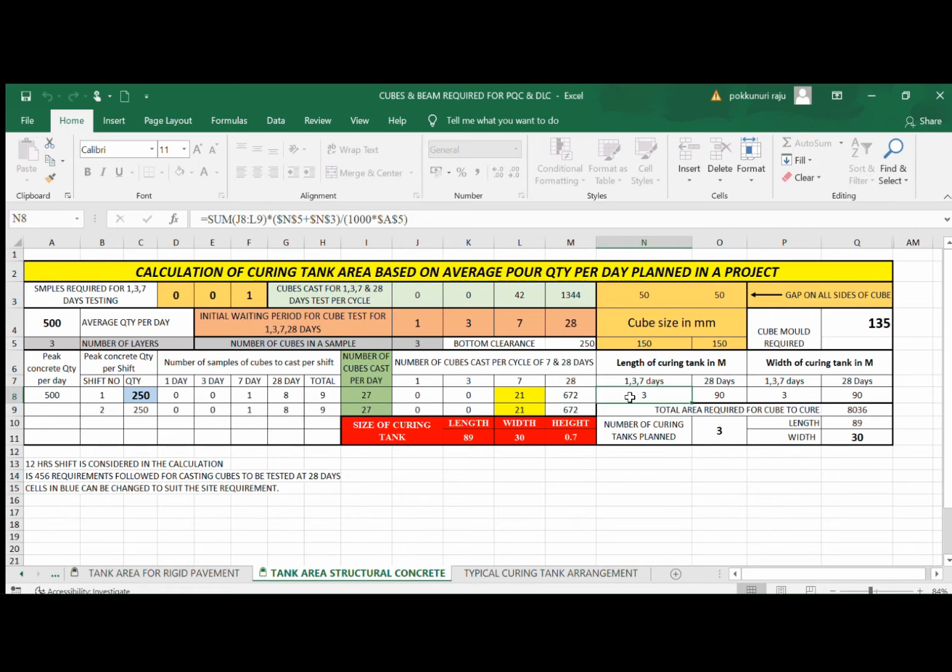So the area will be length into width, that is 9 square meters will be the area required to store the 1, 3, and 7 days cubes for testing on their respective days. And 90 multiplied by 90 will be the area required by the cubes to be stored for 28 days strength. That means 28 days storage period will be having 90 meters of length and 90 meters of width.